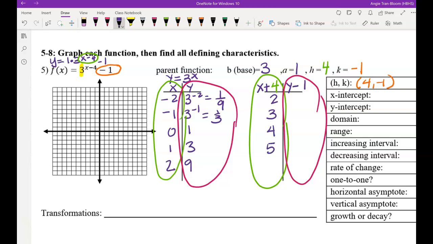Then we get 5. Then we get 6. 1/9 minus 1 is negative 8/9, my bad. Negative 8/9. 1/3 minus 1 is going to be negative 2/3. 1 minus 1 is 0. 3 minus 1 is going to be 2. 9 minus 1 is 8. So we are going to plot those.